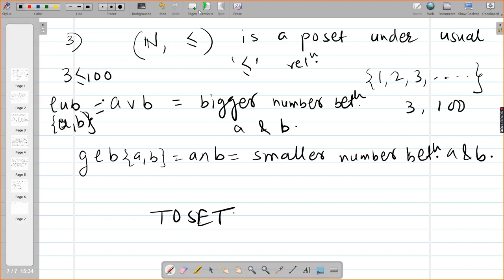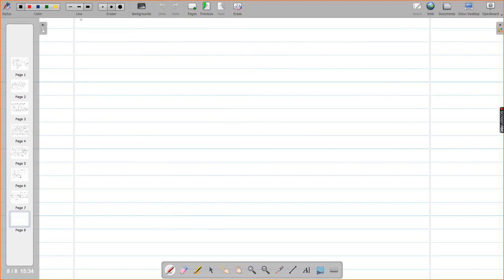Finished, girls? Now we will see how to construct meet and join tables. Okay, meet and join table construction.